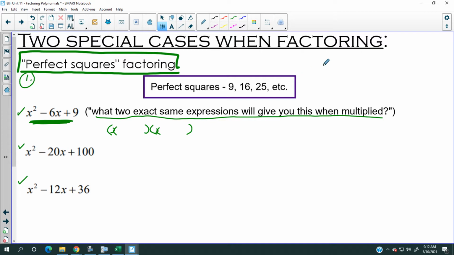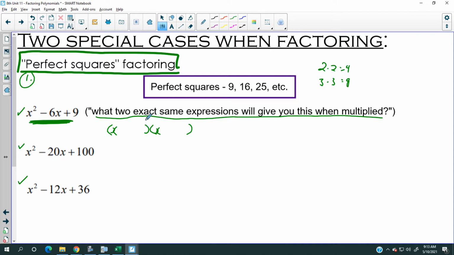No different than, for example, 2 times 2 is 4, or 3 times 3 is 9, and so on and so forth. Same thing here. So the question is something like this: what times what will give you x squared minus 6x plus 9?